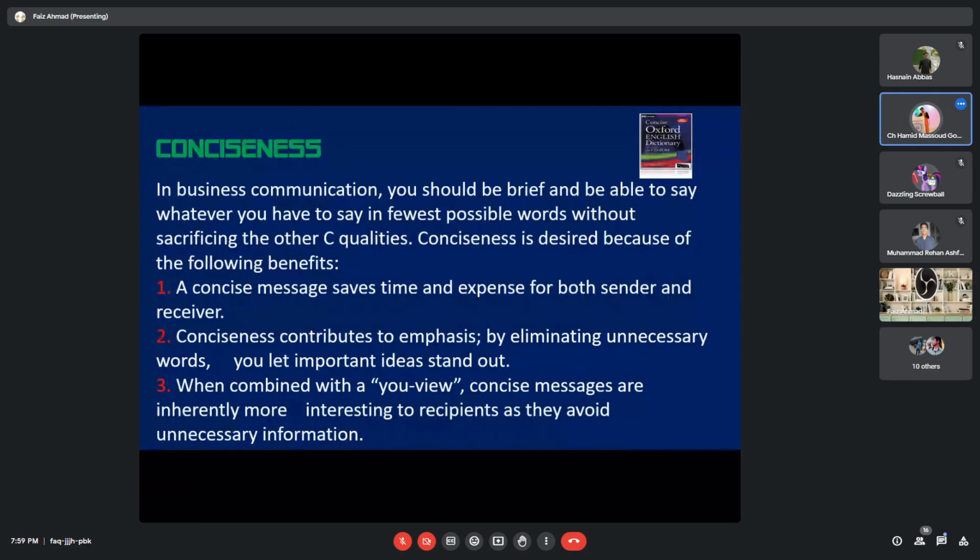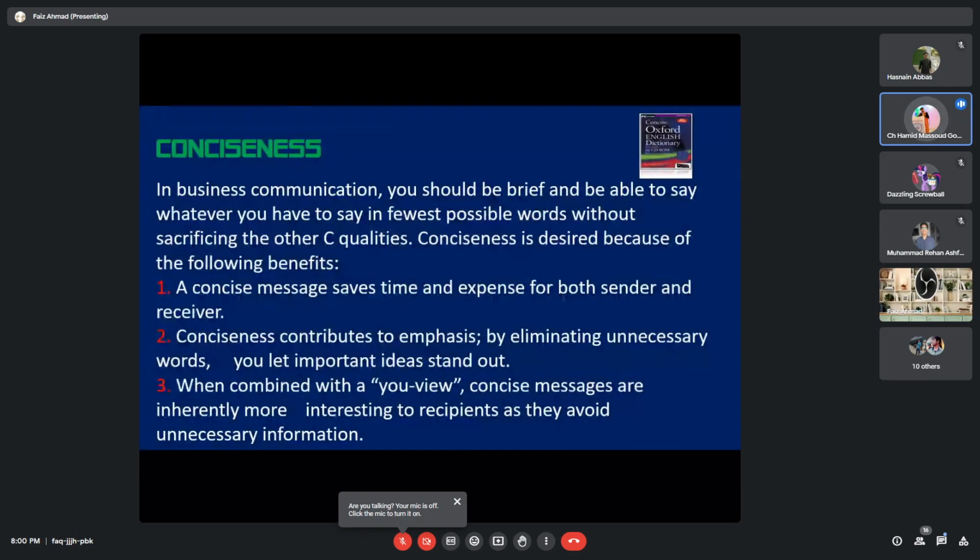When combined with a you view, concise messages are inherently more interesting to recipients as they avoid unnecessary information. So, in an official communication or in business communication, your message should be to the point, and there should be some few possible words in which you can explain your whole topic.